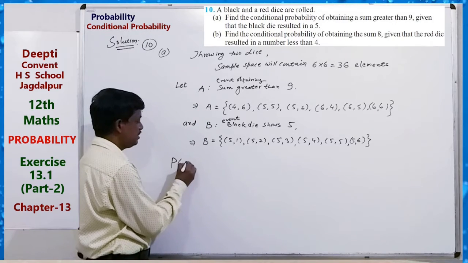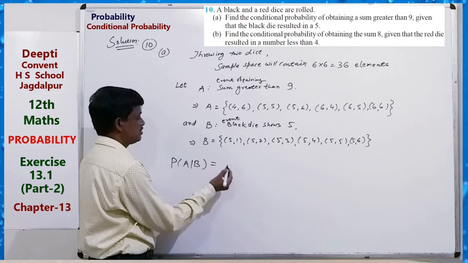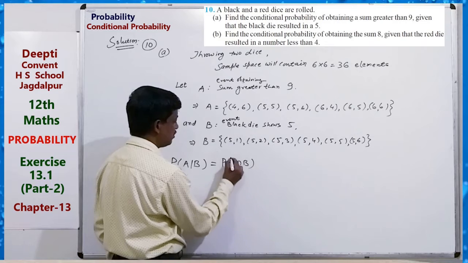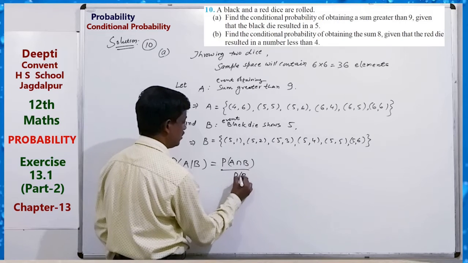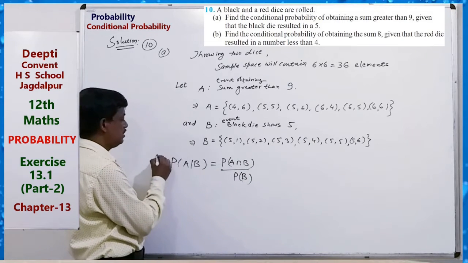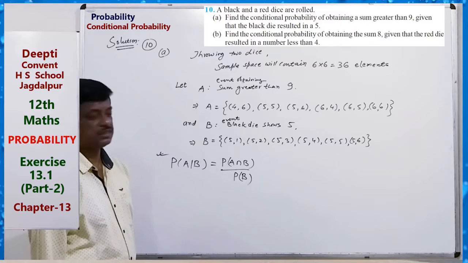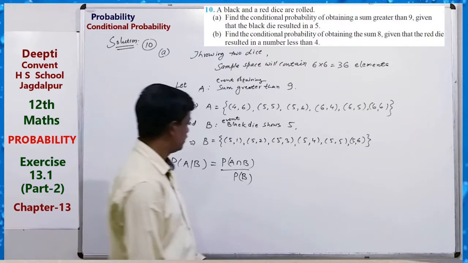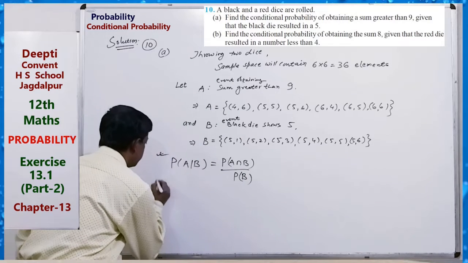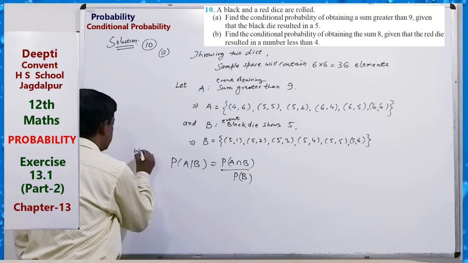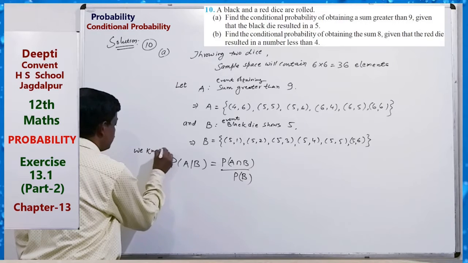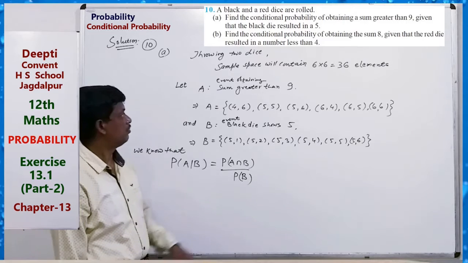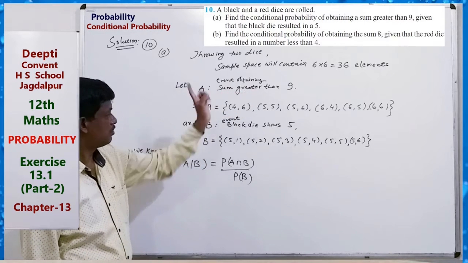We have to find P(A|B), which is P(A intersection B) by P(B). This is the conditional probability of getting this provided this.